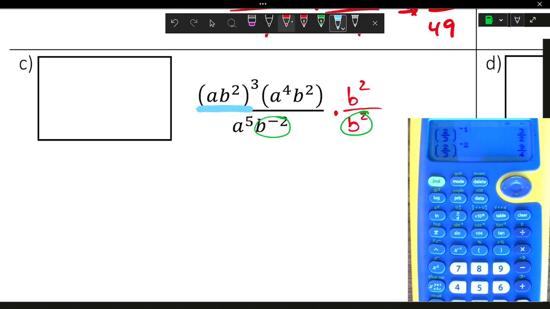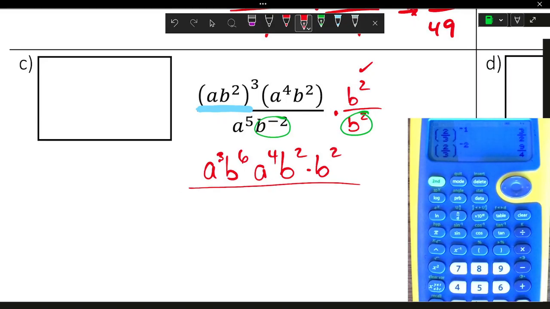Just that part by itself is going to be a cubed and b squared, b squared, b squared, which is b to the 6th power. And then I have still this a to the 4th power and a b to the 2nd, and also this additional new b to the 2nd. Then down in the denominator, there's still an a to the positive 5th.